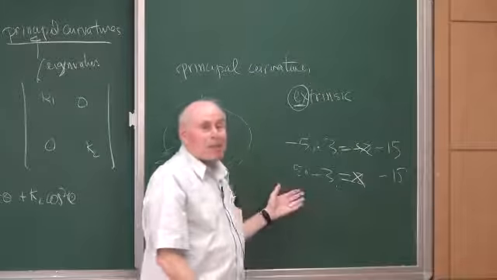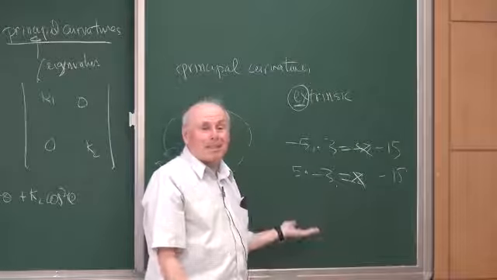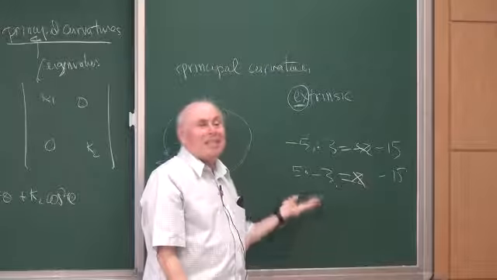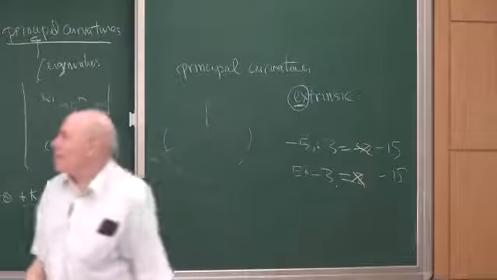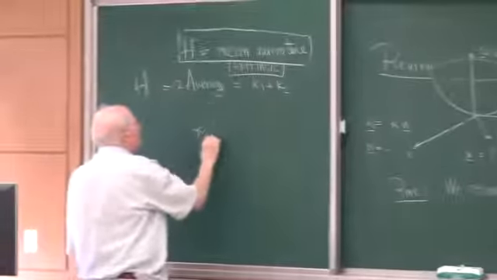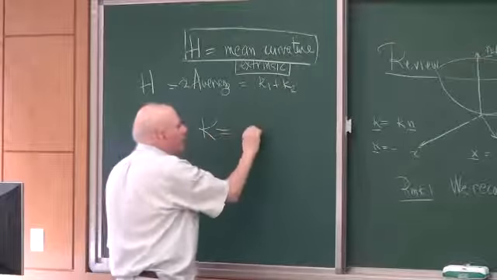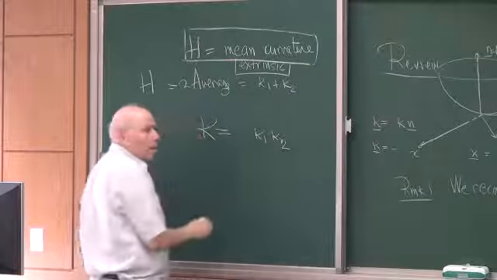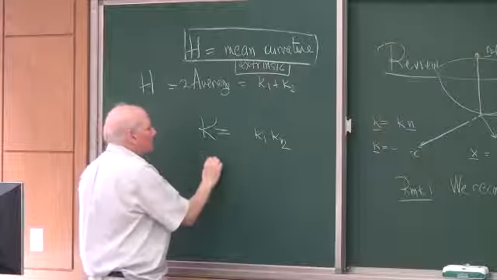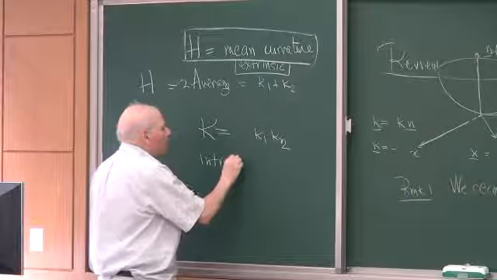Simple example, but exceedingly deep, because it means it didn't change with respect to the orientation of the normal. So it's not the sum that's the good guy. It seems it's the product that's the good guy, which is kappa 1 kappa 2. And this one we'll show is intrinsic.